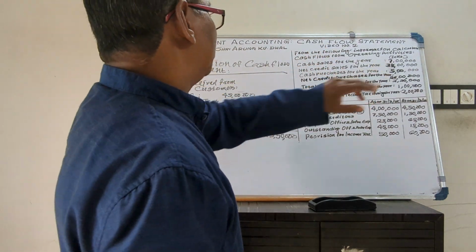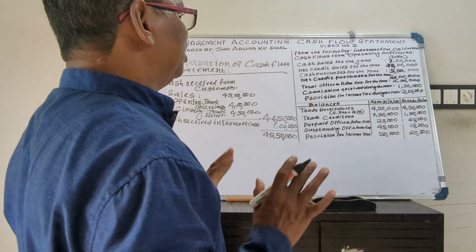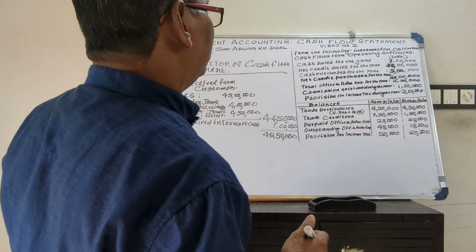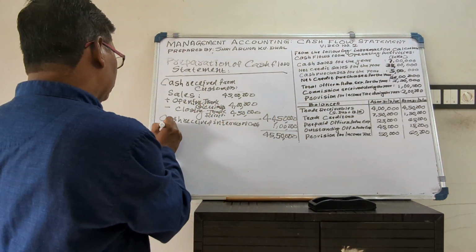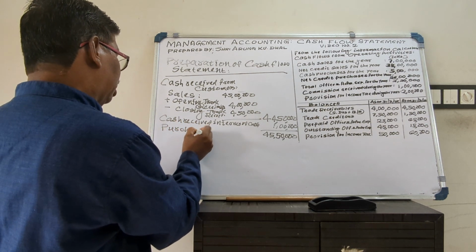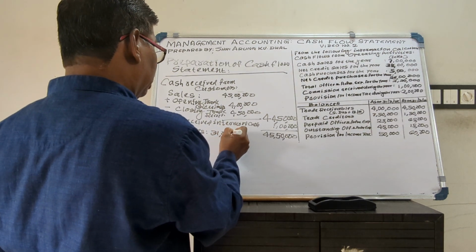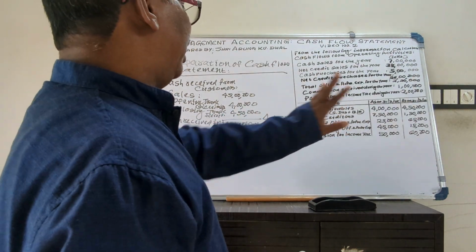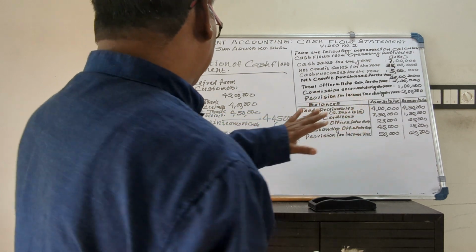Here cash purchase is 5 lakh, and net credit purchase means purchase less purchase return or return outward, that means 31 lakhs. So purchases are 31 lakhs. Then trade creditors means our suppliers. Opening supplier was 7,50,000.